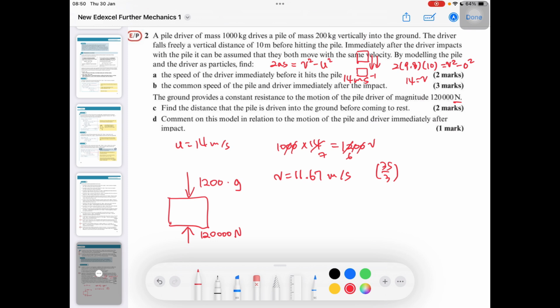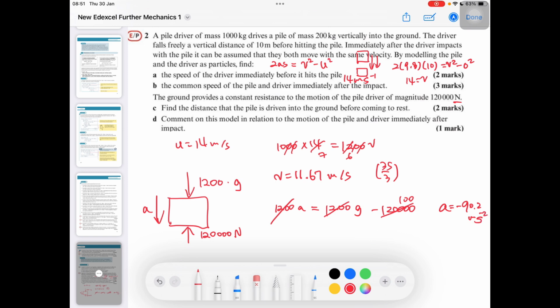So this makes the resultant force. Let's call the acceleration a. 1200a becomes, in the same direction, 1200g minus 120,000. So a is g minus 100, 9.8 minus 100 becomes negative 90.2 meters per second squared.